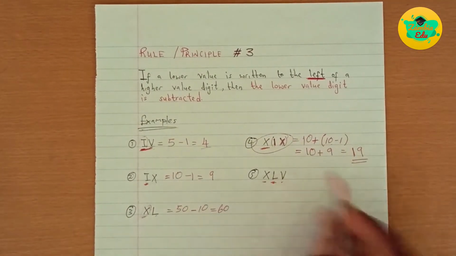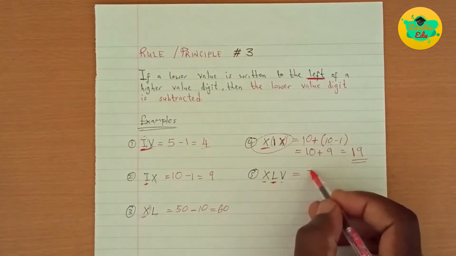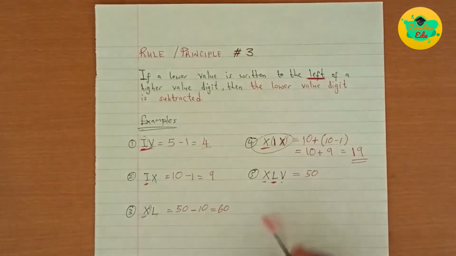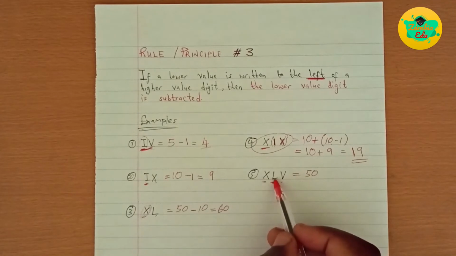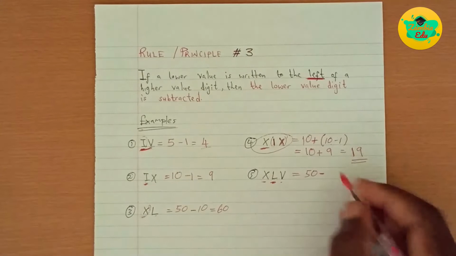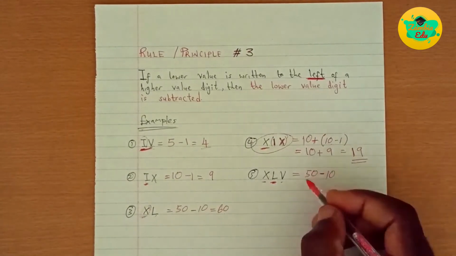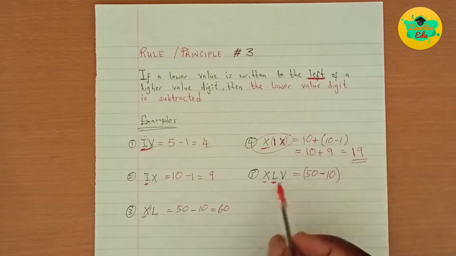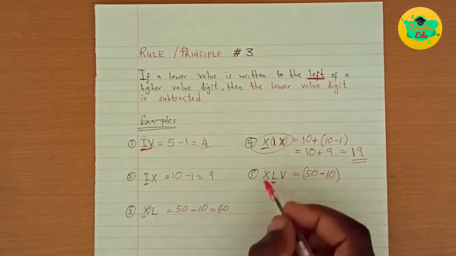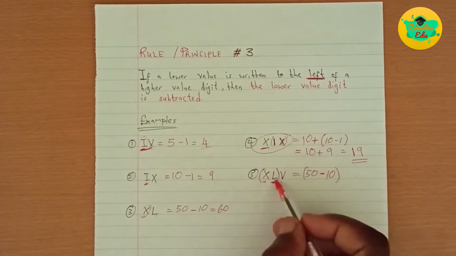First things first, we are going to have the high value symbol there, take away the value of the lower value symbol in that way. That's what these two mean.